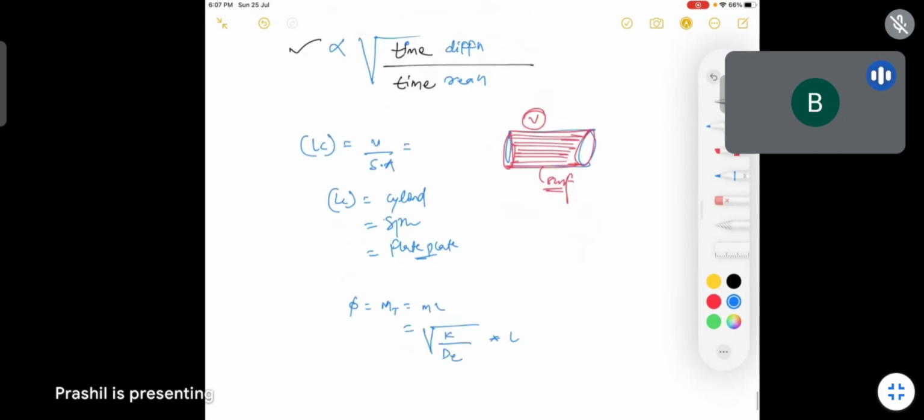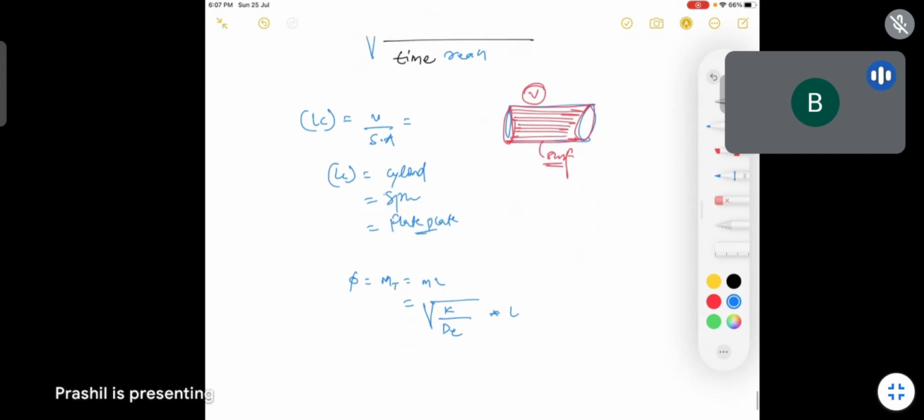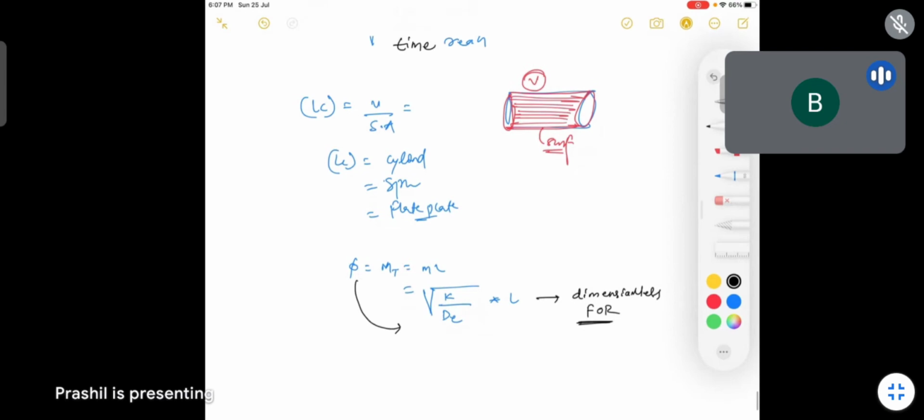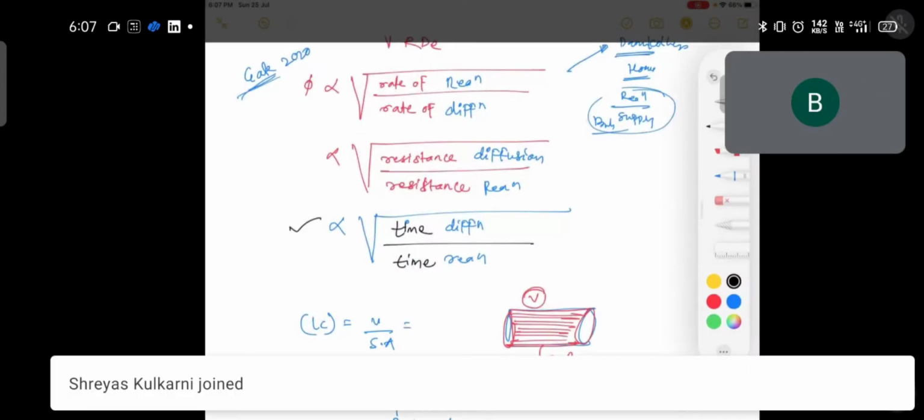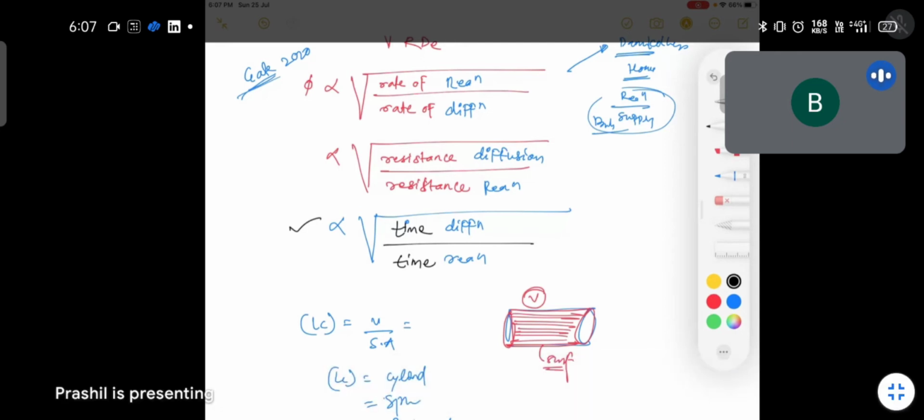If you find out the unit of this, it will be dimensionless for a first order reaction. From this you can see the Thiele modulus is directly proportional to the rate of reaction divided by the rate of diffusion.